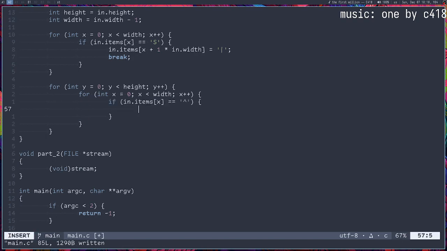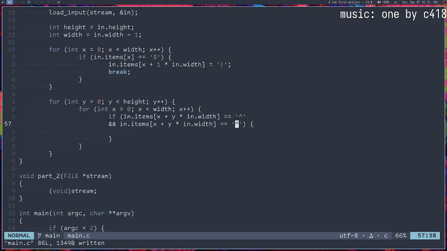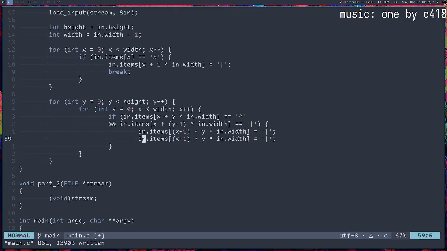So whenever we find a splitter, and there is a pipe above, so let's put y minus 1 here. We gotta put pipes to the sides of it.